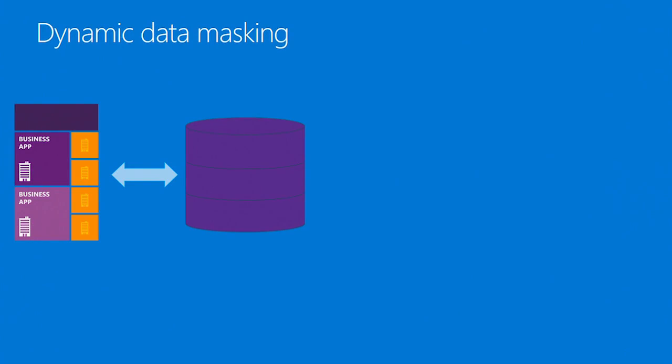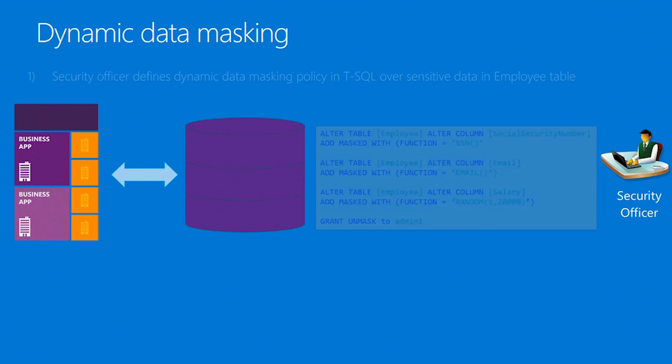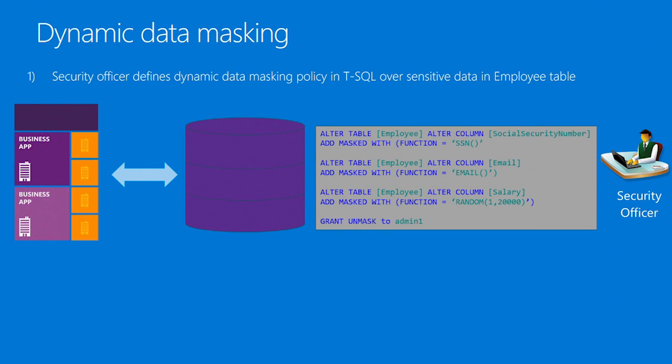So take a quick look. If you have lots of applications that interact with your database, you can usually have your security officer, or someone who's really familiar with security and needs to know which fields need to be masked, define a set of policies in the database that apply to the specific columns. So for example, again, it could be social security numbers, phone numbers, or credit card numbers.